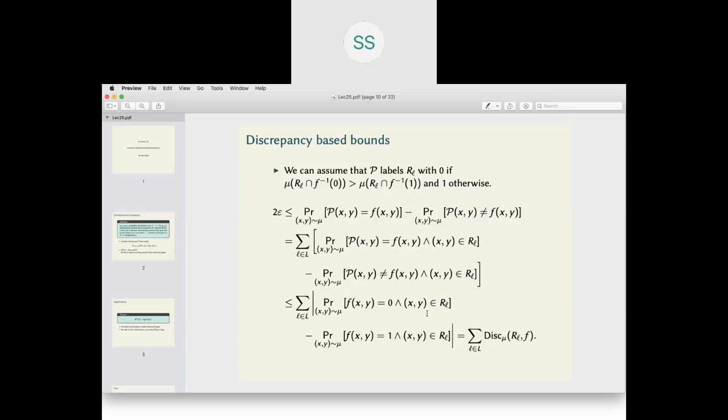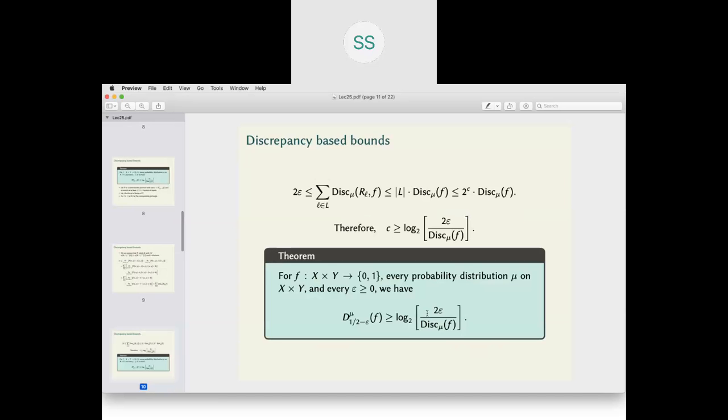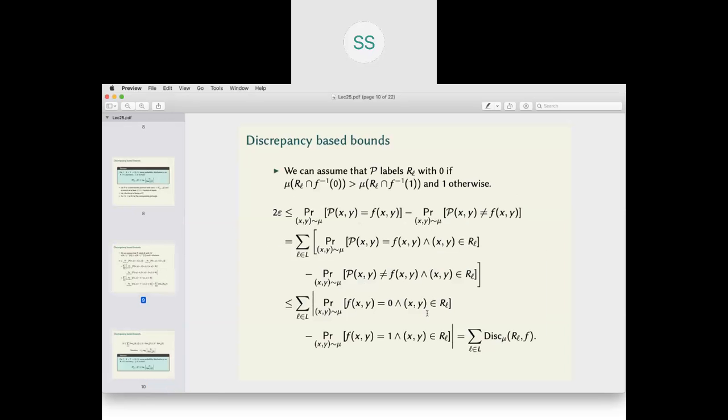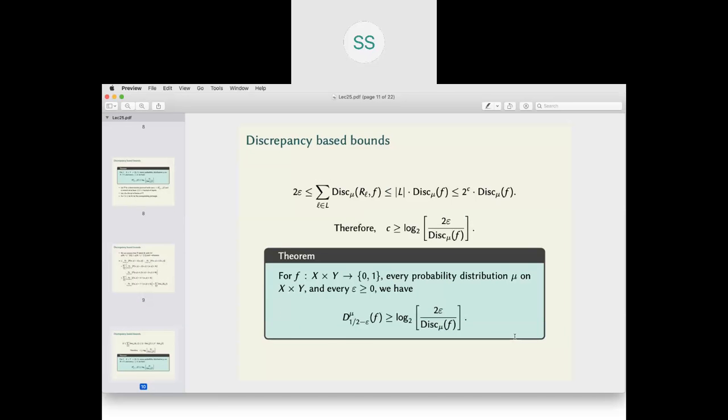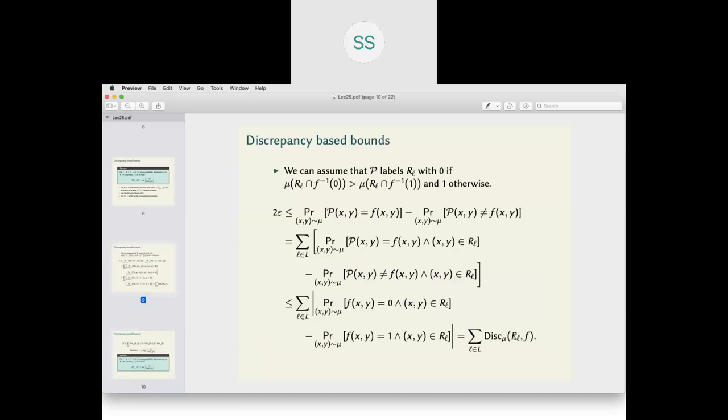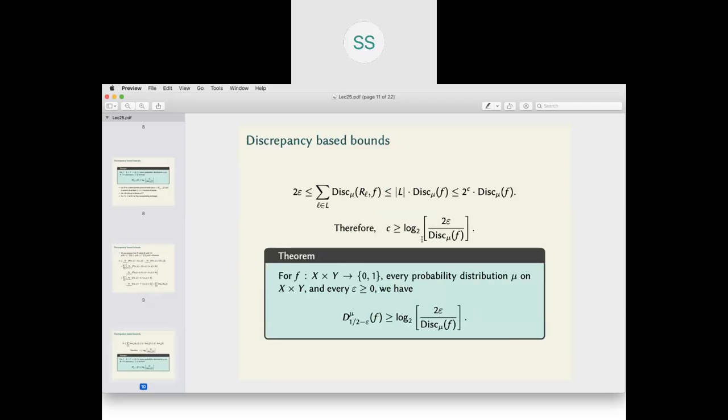And this turns out to be the discrepancy, right? The discrepancy is the summation over all the discrepancies of f on all the rectangles. Now, so we have 2 epsilon is less than or equal to the summation over the discrepancies over all the rectangles, which is less than or equal to the number of rectangles times the maximum, which is the discrepancy of the function.